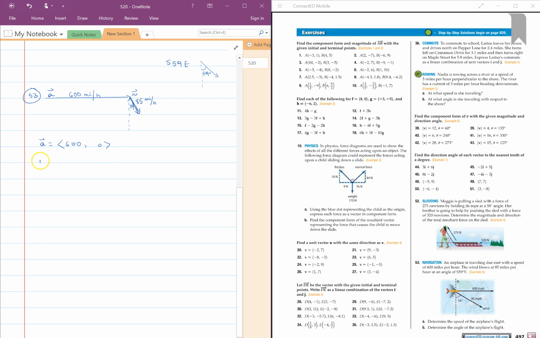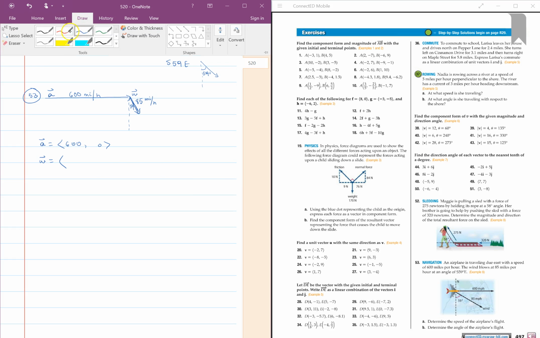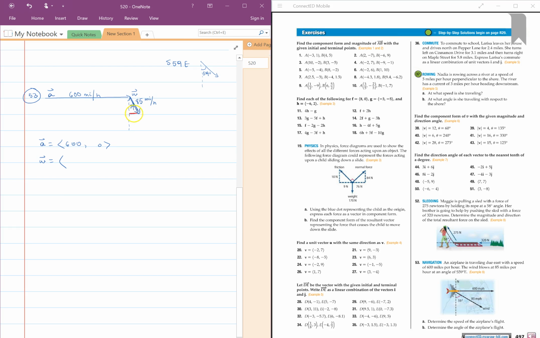Vector W. Now, this is the x component here. It doesn't matter whether it's vertical or horizontal, right? So the x component is the one opposite from the angle. So is it going to be sine or cosine? Sine.